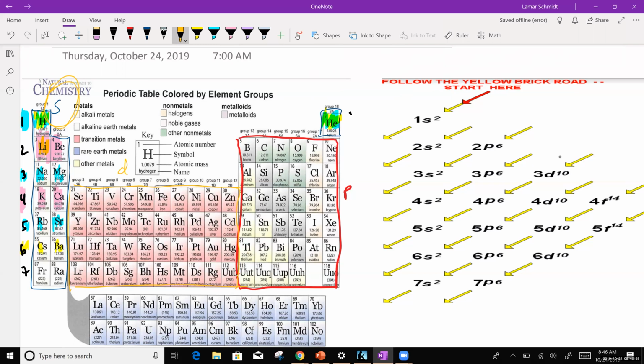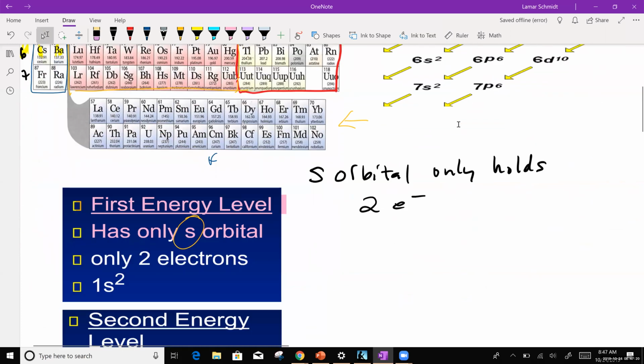So in energy level 1, you do not see D or P electrons. Those shapes are not represented in energy level 1, and you will not see D, P, or F there. Energy level 1 has only S. Hydrogen and helium are only in the S, so you can have 2 electrons in energy level 1. That's why it says it only has 2 electrons, and it says 1s2.